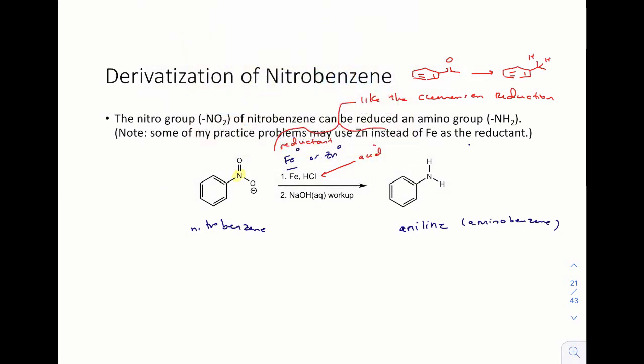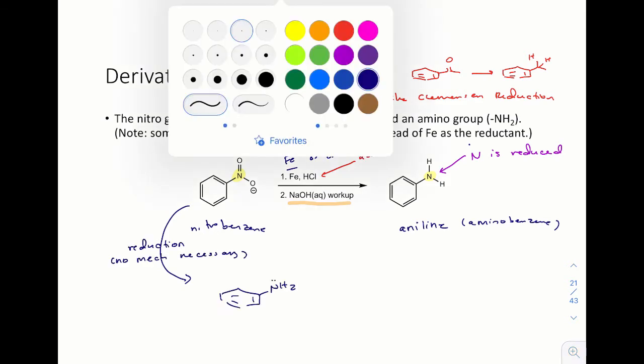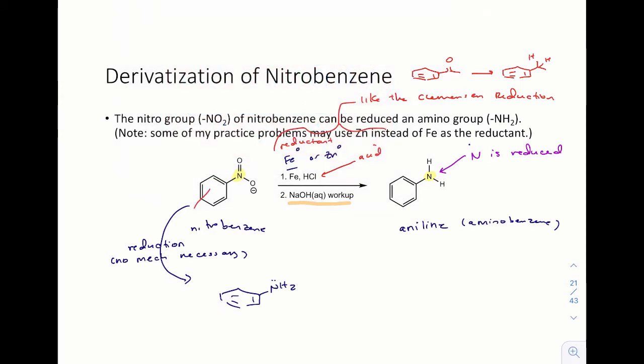Now, nitrogen certainly is being reduced here. It's making 3 bonds to oxygen in nitrobenzene and then 2 bonds to hydrogen, a less electronegative atom, in the product. If you're wondering why there is a workup step, well, that is simply because reduction, and you do not need to know the mechanism, does lead to aniline or an aminobenzene. If this is substituted, it would be a substituted arylamine.